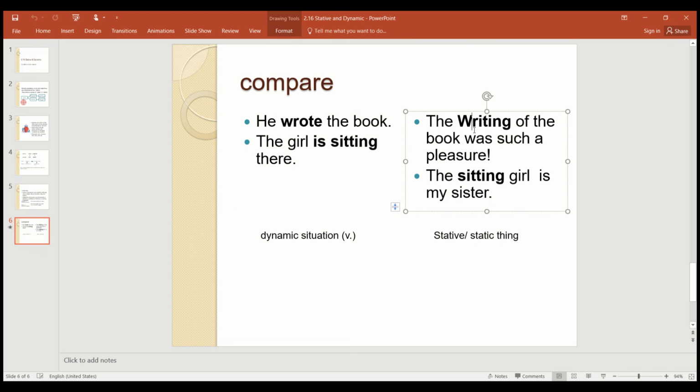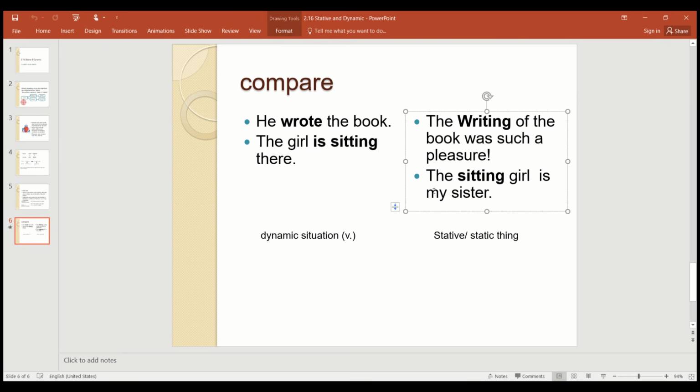While on the other hand, we have the sentence: The writing of the book was such a pleasure. The writing is describing only the process of writing. We're not talking about the writing as a verb, as an action, but there is this description in the sentence. So here we have a noun, and the noun here is stative. And also the second sentence: The sitting girl is my sister.